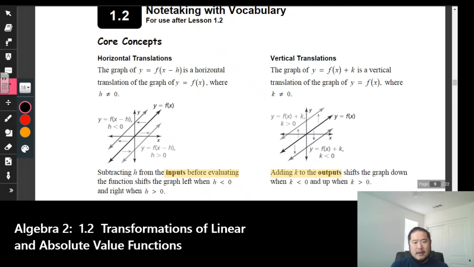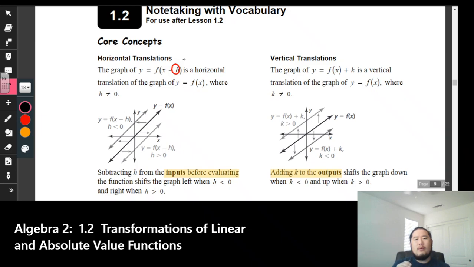And as you can see in this equation that's shown, it says the graph of y is equal to f of x minus h. So h right here will determine which way it is shifting horizontally, which is shifting left or right.